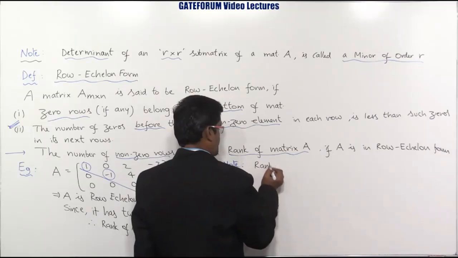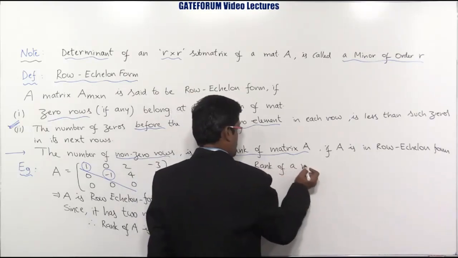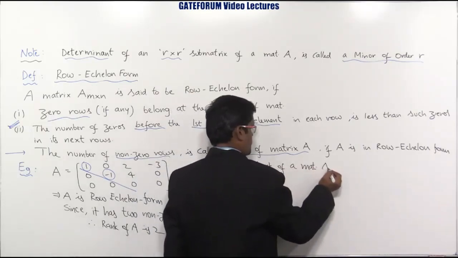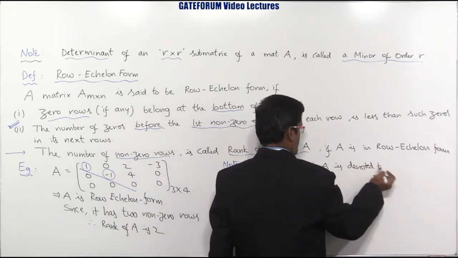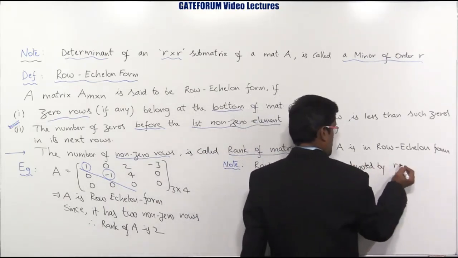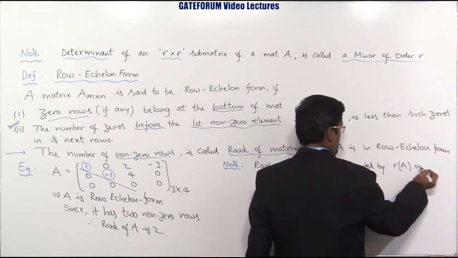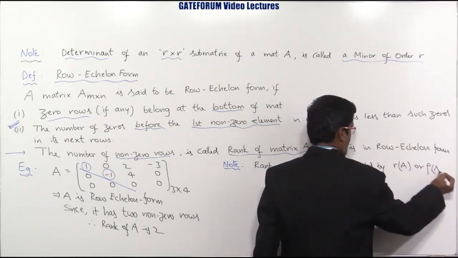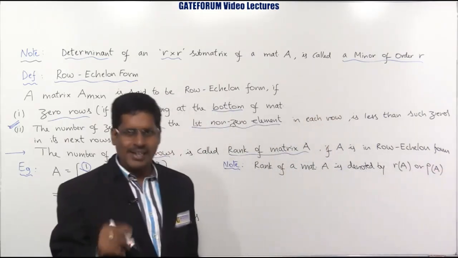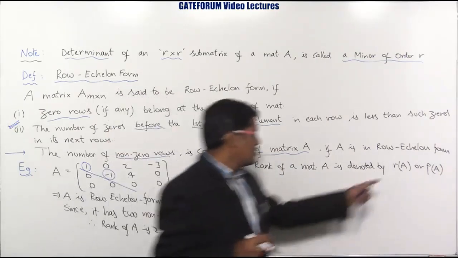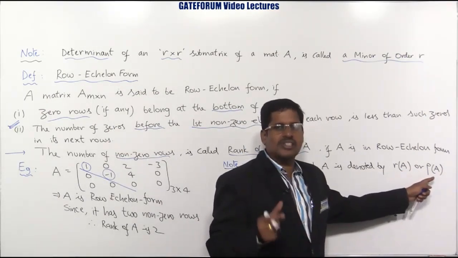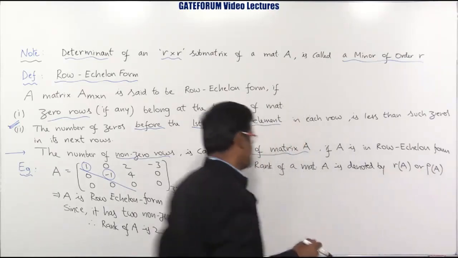The rank of a matrix A is denoted by R of A or rho of A. Rho is a Greek letter which stands for the rank of a matrix symbol.